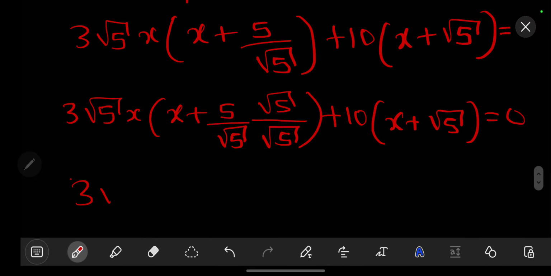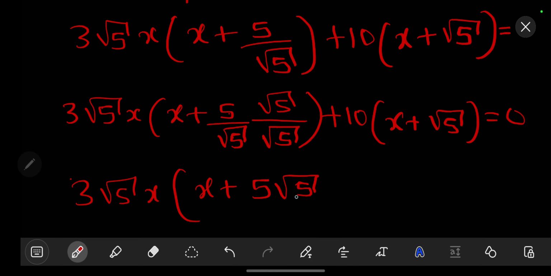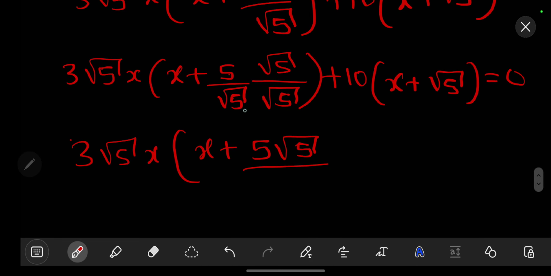So we have our 3 square root of 5 x. Then we are remaining with x plus 5 times the square root of 5. It will be 5 square root of 5 over 5 square root 5 times square root 5.